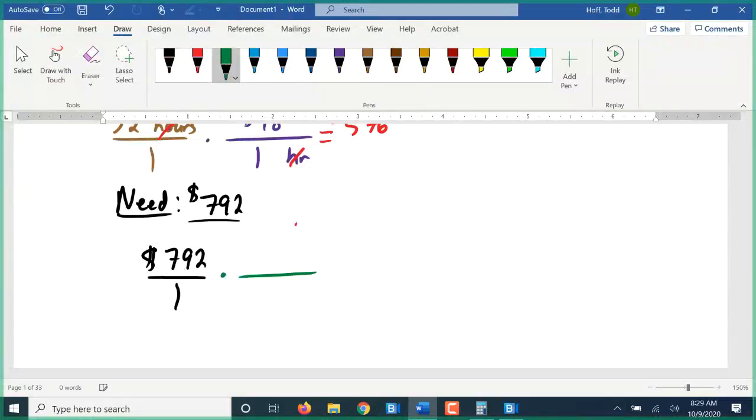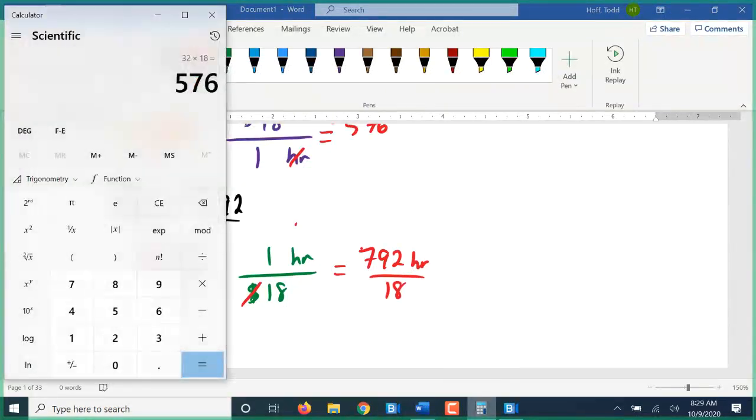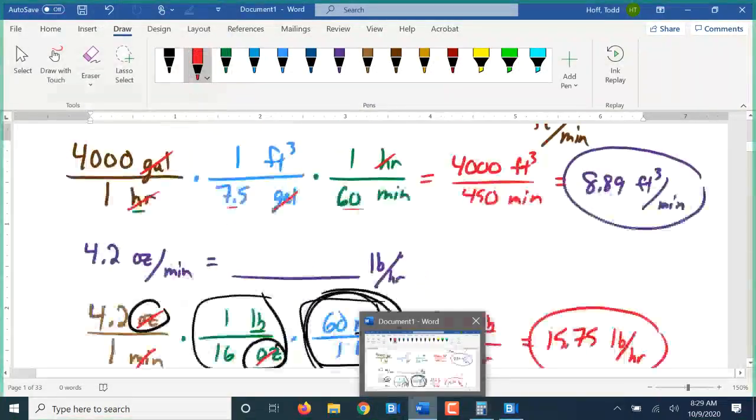Now the dollars have to go on bottom, so it'll be $18 per 1 hour. And now the dollars cancel out. You have the 792 times 1 hour is 792 hours. On bottom, 1 times 18 is 18. So 792 divided by 18 is going to give us 44. That's 44 hours.